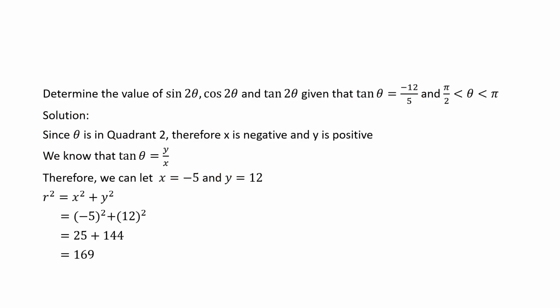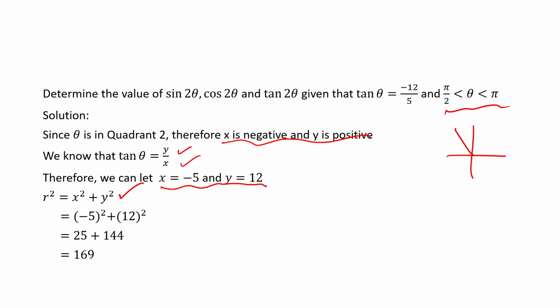So we start going back to the beginning. We know that theta is in quadrant 2. Again, repeating this part right here, x is negative and y is positive. Tan theta equals y over x. So for the reasons we said earlier, x is negative 5, y is 12.